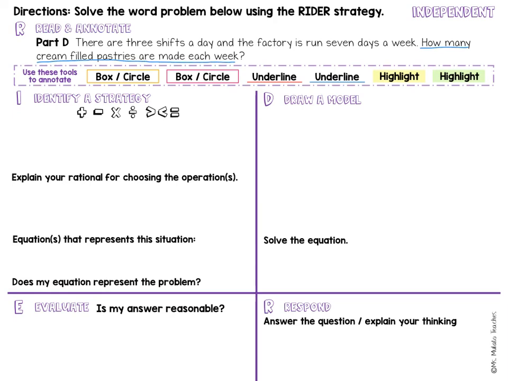So we need to think back to our last problem when we figured out the cream-filled pastries, which was C in our last problem. So we found in the last problem that C was 912. Now it's your job to figure out how many, that was for one shift. We need to figure out that for 3 shifts, 7 days a week. Keep up the great work.